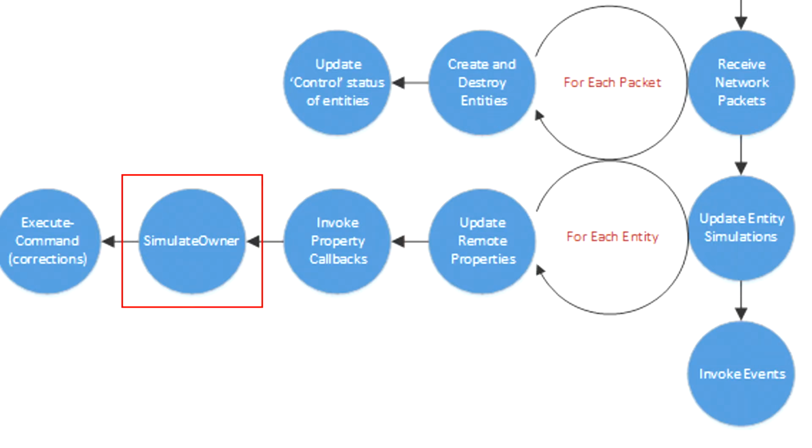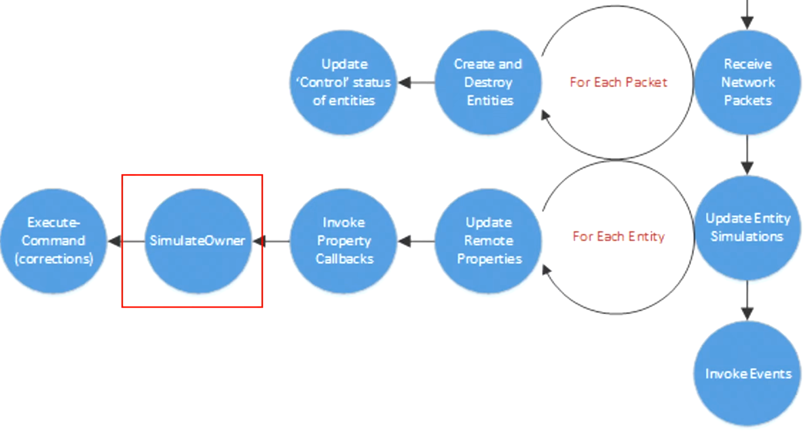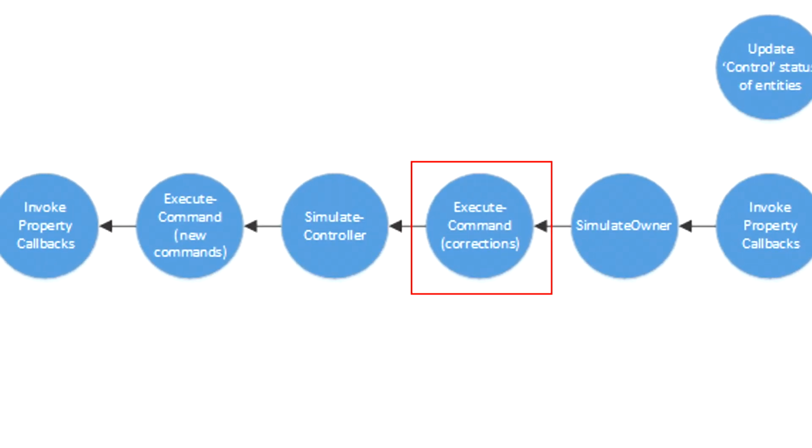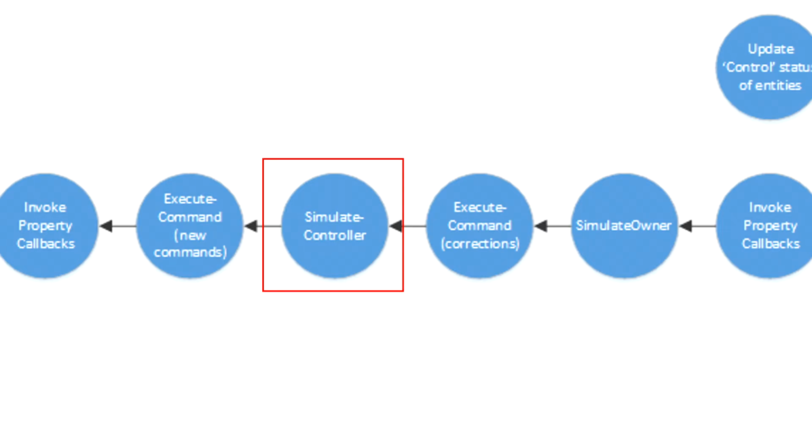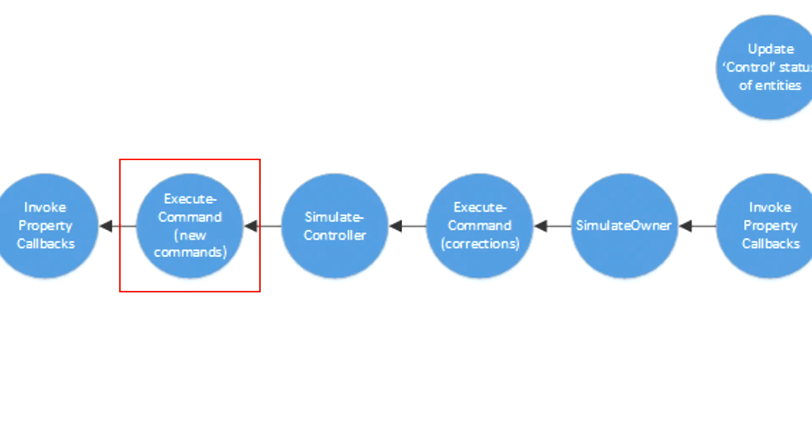Next, we have the simulate owner. This is a fixed update dedicated to the owner of the entity. Then we have execute command. This one we'll talk about in the next episode. Next, we have simulate controller, another method like simulate owner that is only executed for the entity controller. Then we have another execute command for the next episode.